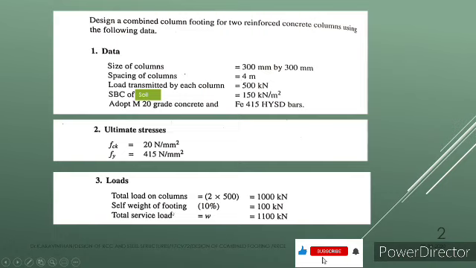So we are going to design another structure which is also going to carry some load, and it will transfer to the soil. Let us assume 10% of the weight, that is from 1000 we are assuming 10%, we will have 100 kilonewton, and the total service load will be 1100 kilonewton.